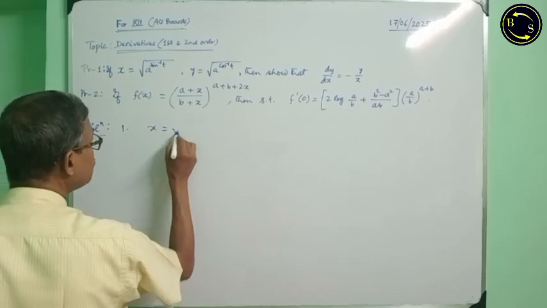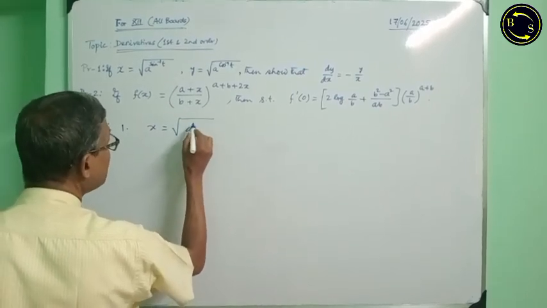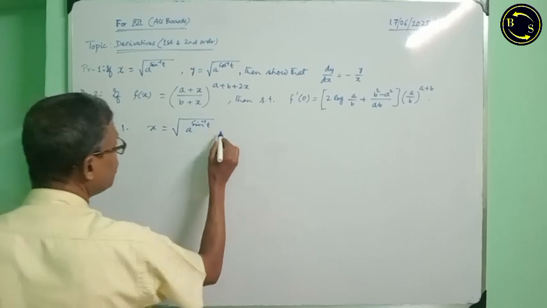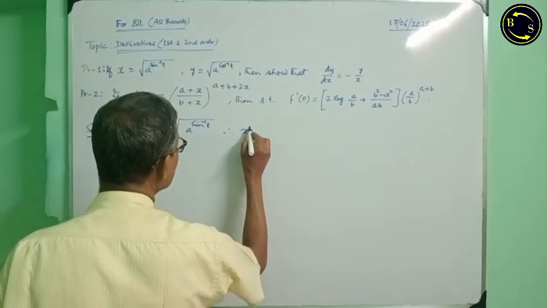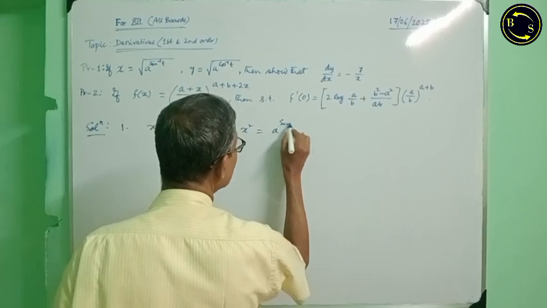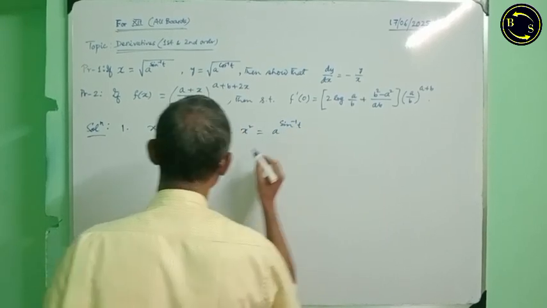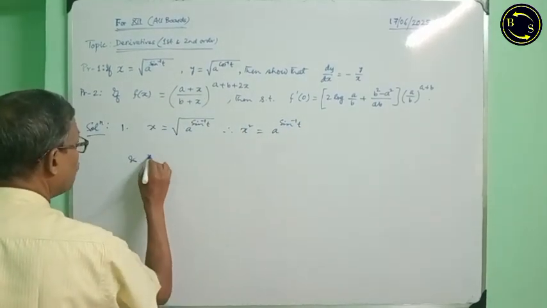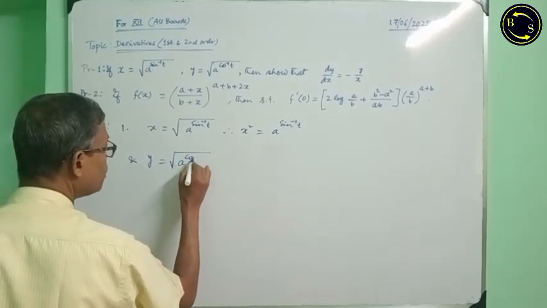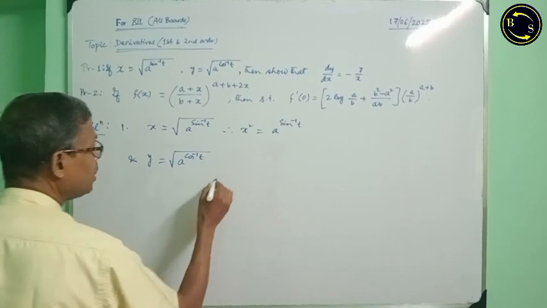x is equal to a to the power sin inverse t. Therefore, x square is equal to a to the power 2 sin inverse t. y is equal to a to the power cos inverse t.